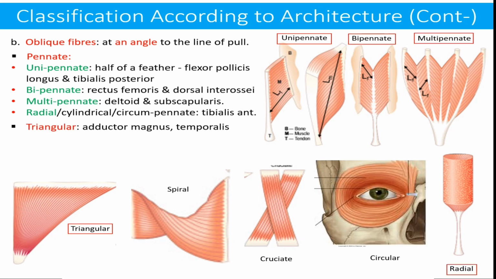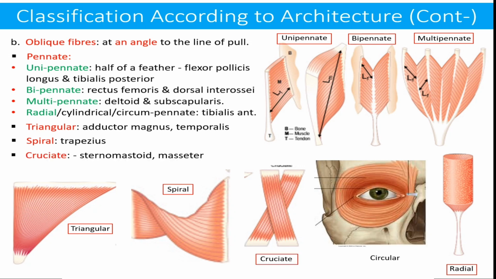Second subgroup is triangular muscles, in which muscles have got a wide origin and a very narrow insertion, so that the shape of the muscle becomes triangular, and this type of muscles are represented by adductor magnus and temporalis. Next is spiral muscles, muscles which have got a twist and represented by trapezius muscle.